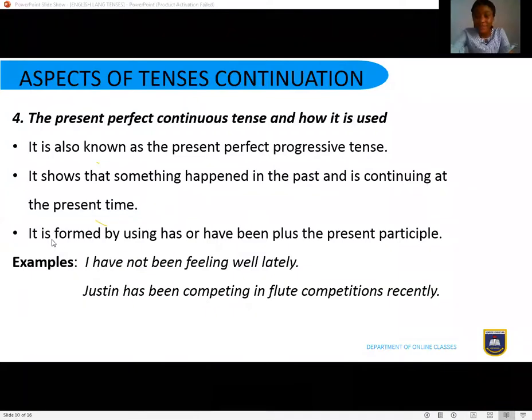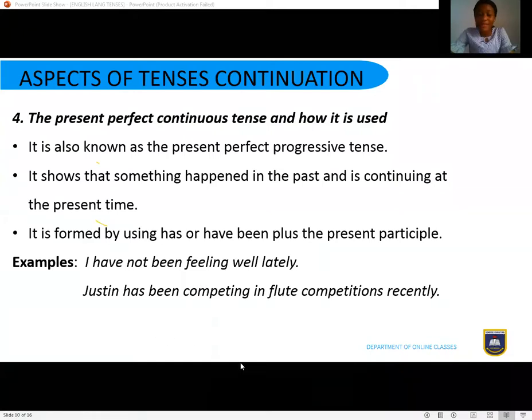Now, the third point here is telling us it is formed by using has or have. So you can use has or have, and you must make sure there is an agreement between the subject, the helping verb and then the main verb.